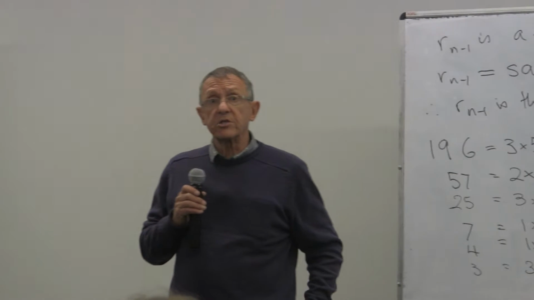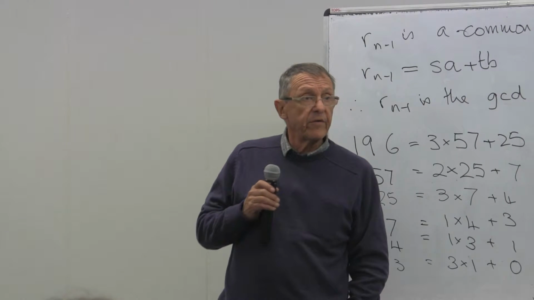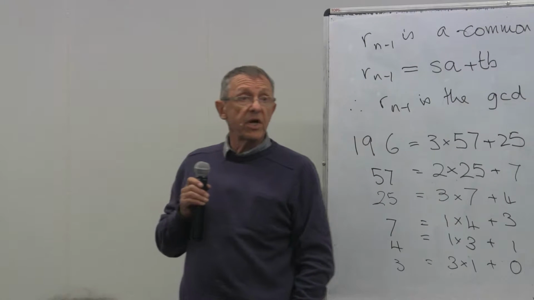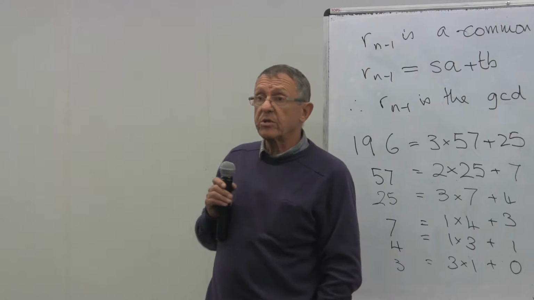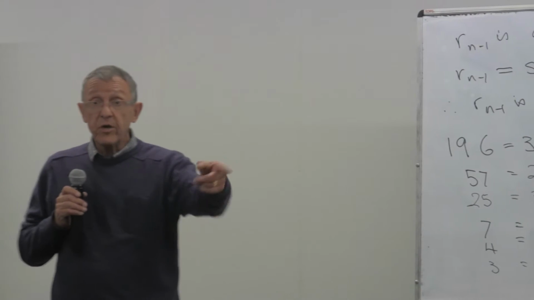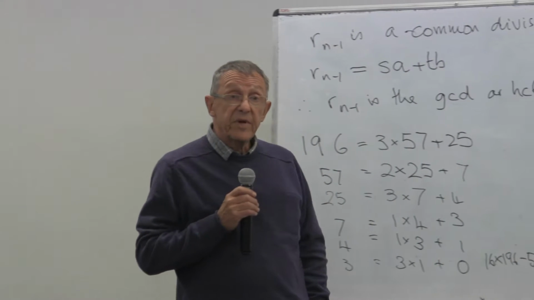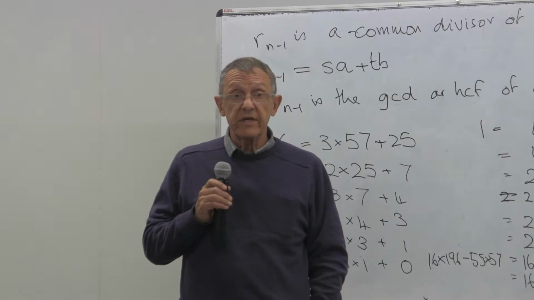Okay, so that's with integers, but you can apply this to other things. What's another sort of system in which you can divide and get a quotient and a remainder? Polynomials. Indeed. And is your remainder smaller than the divisor?